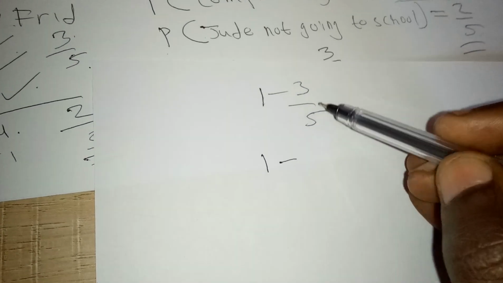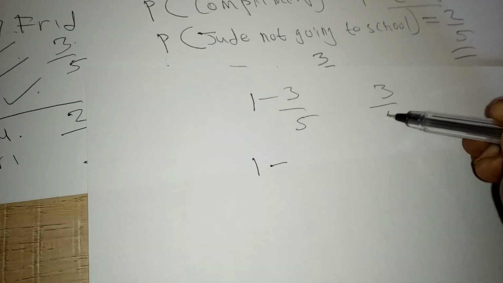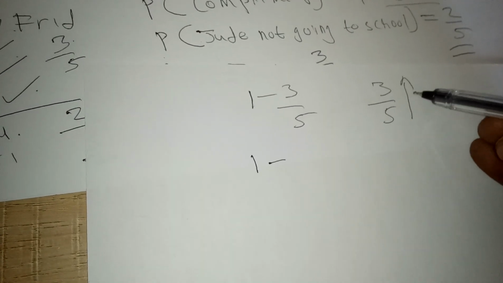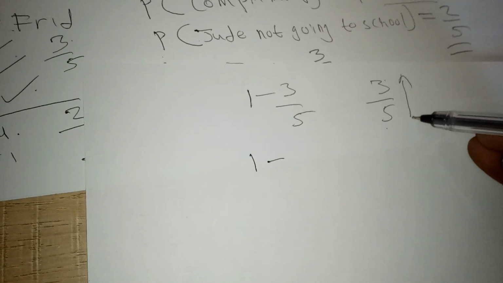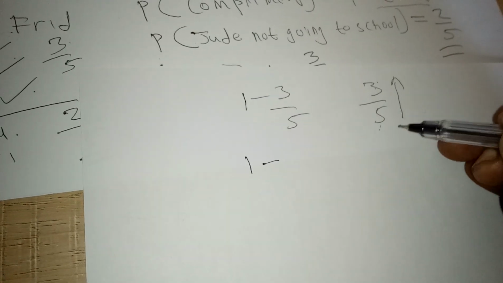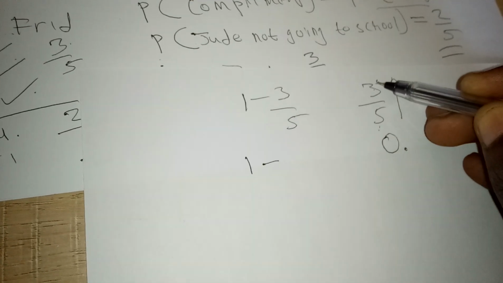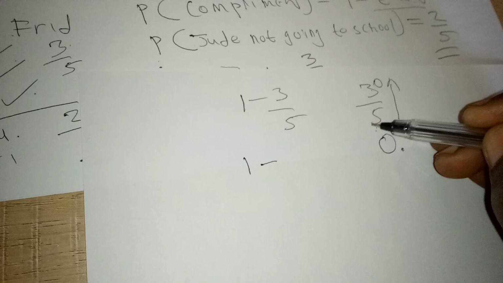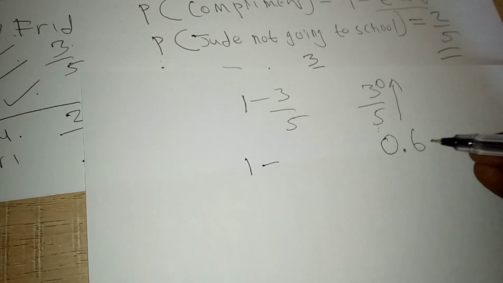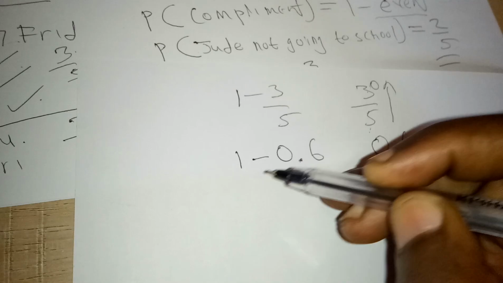So I'm going to change 3/5 into a decimal number. Here 5 is going into 3. We know 5 into 3 can't, so I put a 0, I put a point, then to the 3 I add a 0. 5 into 30 is 6. So we have 0.6.